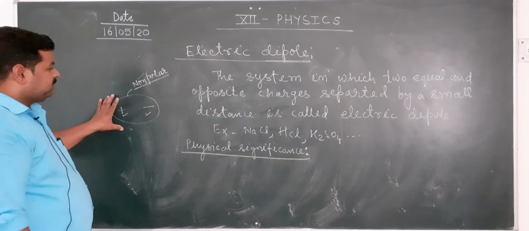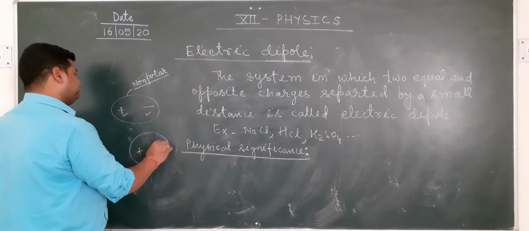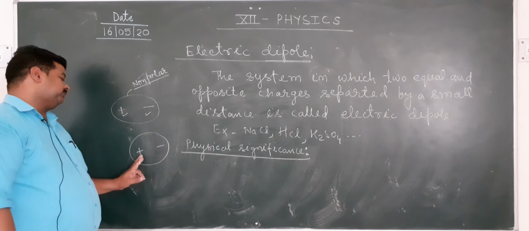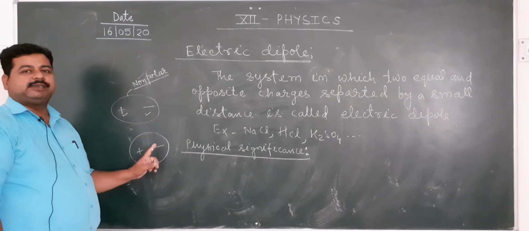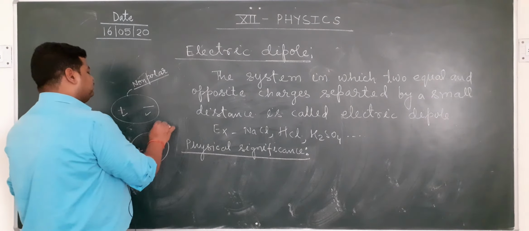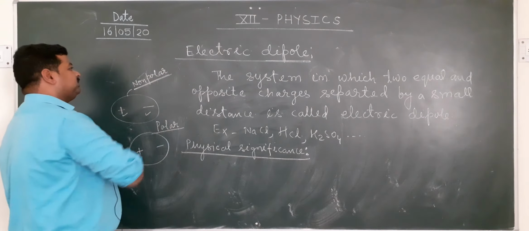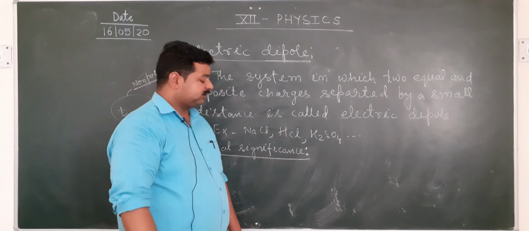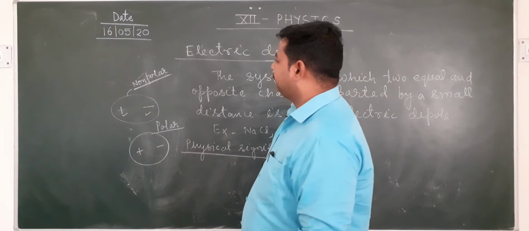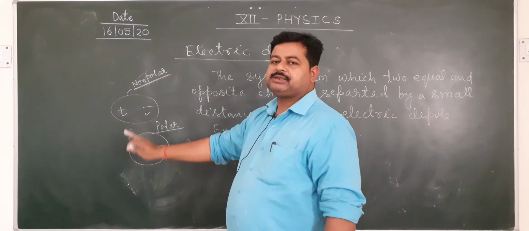If the center of mass of positive and negative charge does not coincide, then it is known as polar. So in the physical significance, we determine which type of molecule or compound is an electric dipole or not by the concept of the coincidence of the center of mass.